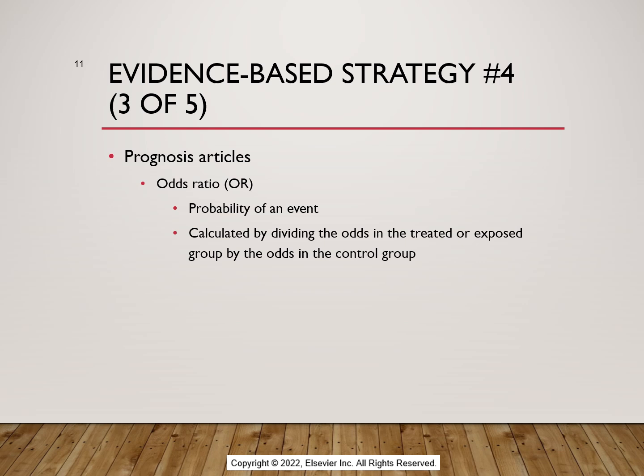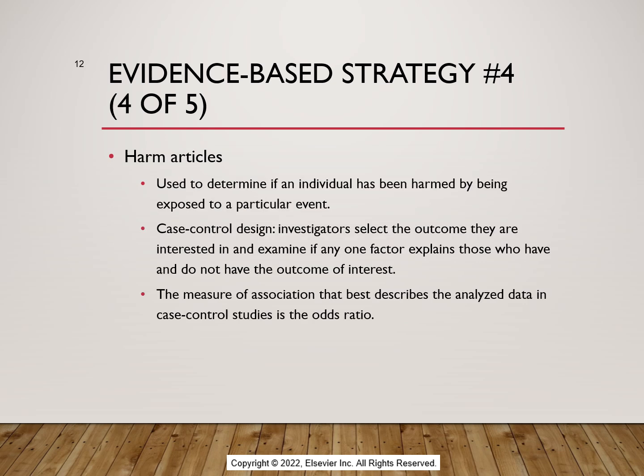For prognosis articles, you'd look at odds ratios, and harm. It's used to determine if an individual has been harmed. Might be a case control design, and it measures the association that best describes the analyzed data in case control studies.